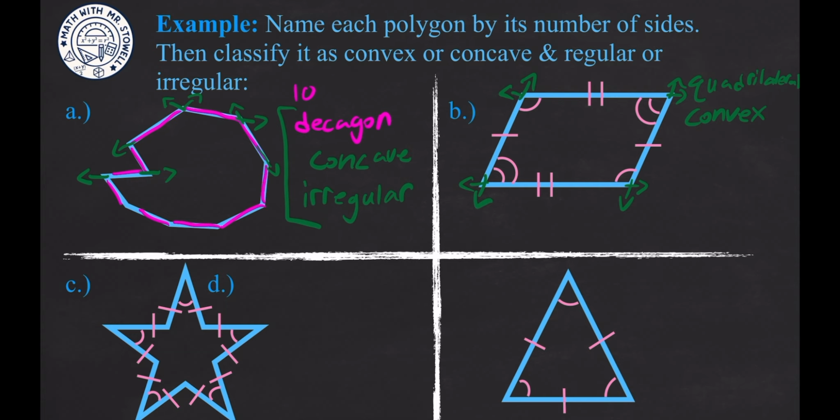And lastly, is it regular or irregular? Well, we know that this angle is congruent to this one. However, these two angles are not necessarily congruent to the green angles. The blue is not necessarily congruent with the green. So this would be another irregular polygon, because not all of the angles are the same.